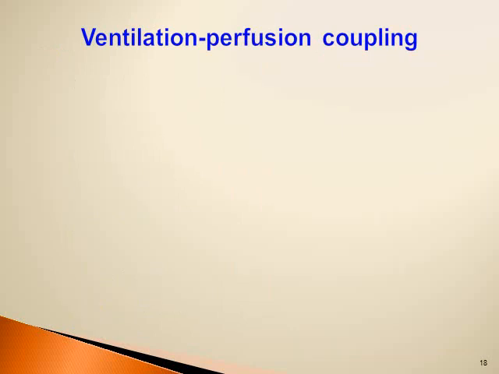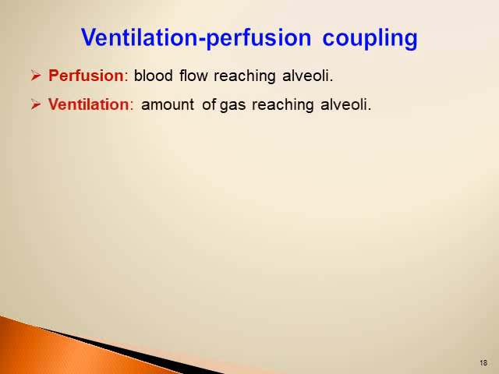There is a concept called ventilation-perfusion coupling. Perfusion is the blood flow reaching the alveoli, so it is the blood flow into the pulmonary capillaries that supply the alveoli. Ventilation, as we studied in the previous lecture, is the amount of gas that reaches the alveoli.